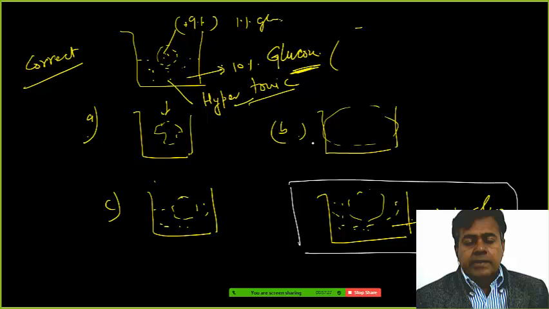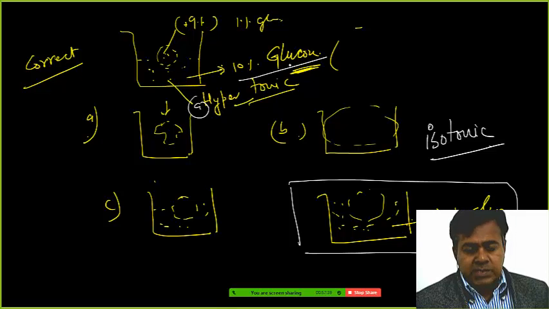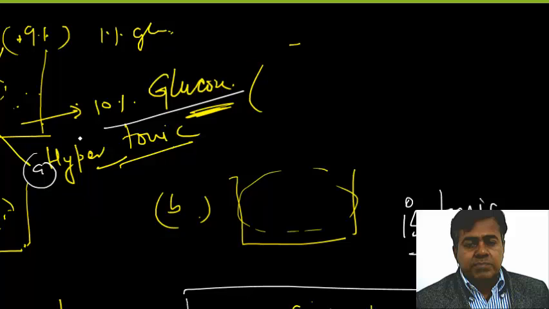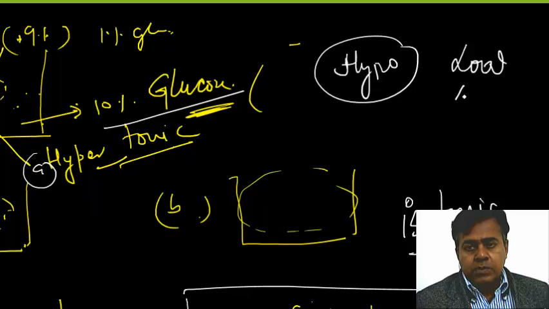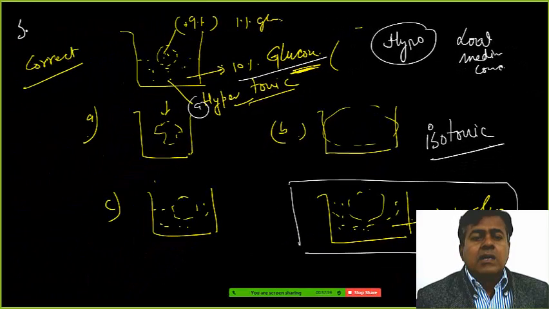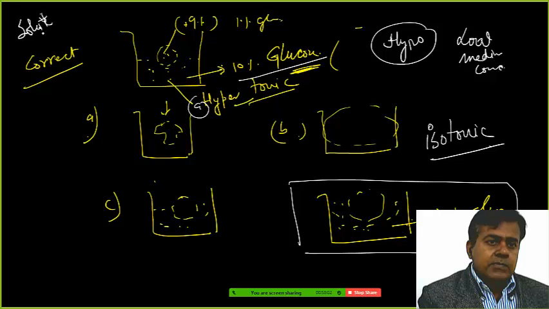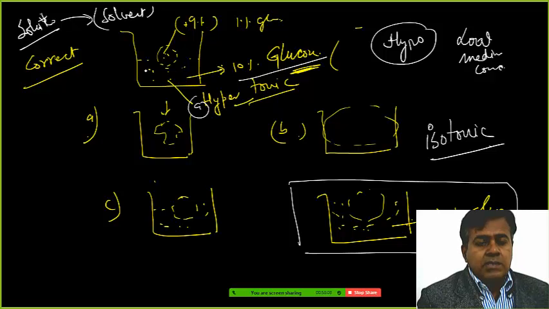This is called as the isotonic condition. So there are three conditions. First, hyper, when the medium concentration is very high as compared to the cell, and second is the hypo when medium concentration is low, medium concentration of solute, because when we are using the solute, then solute must be added in some solvent, and solvent is water. में क्या डाला?